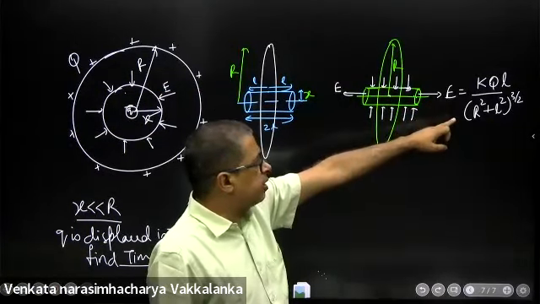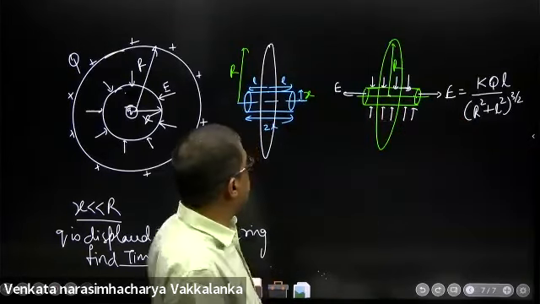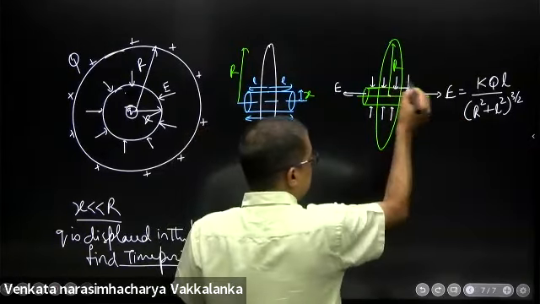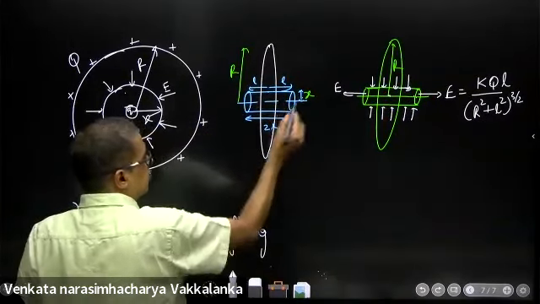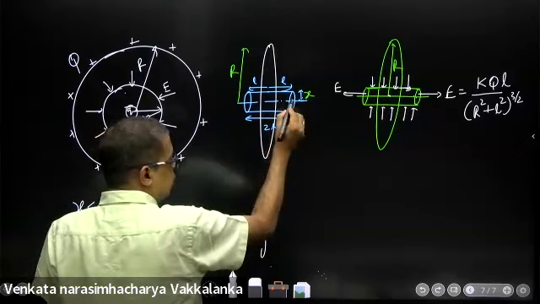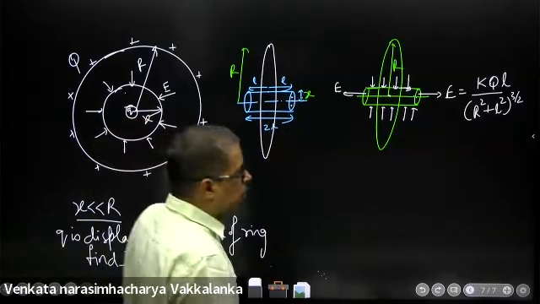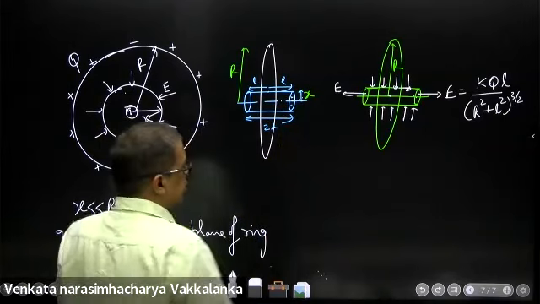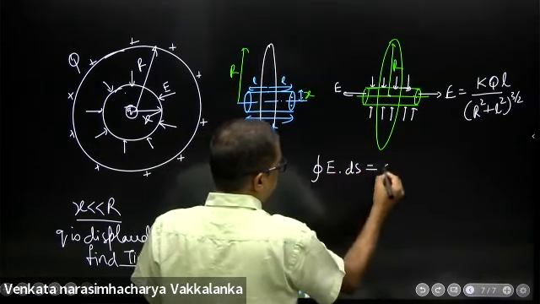How are you taking the expression for field along the axis? I am taking it because the radius is very small and L is very small. X is very small. So the field on the axis can be considered to be the field slightly above and below. Net total integral E dot dS should be 0.